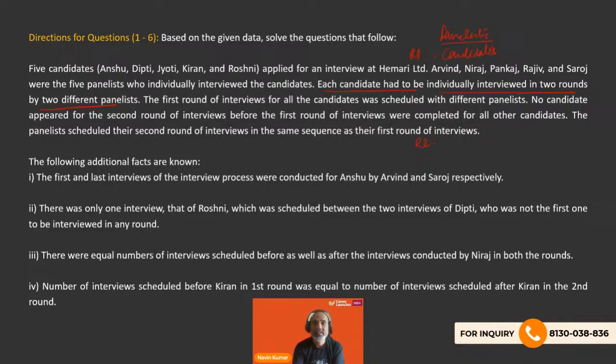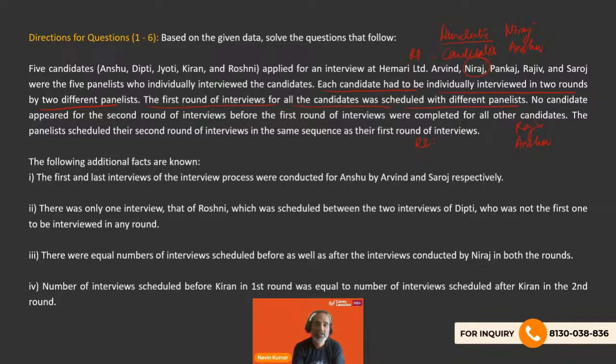So basically, if we pick up a panelist, let's say Neeraj, if Neeraj interviews, let's say Anshu, in the first round, then in the second round, Anshu was not interviewed by Neeraj again. He or she was interviewed by maybe Rajiv or Saroj, somebody else. The first round of interviews for all the candidates was scheduled with different panelists.